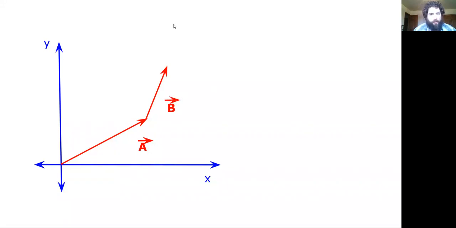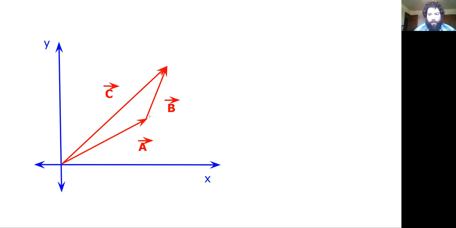Okay. And so then the distance we traveled between A and B combined is going to be the vector C. So to figure out how far we go from the origin to A, and then from A to B, it's just going to be C. So we have to add those together.